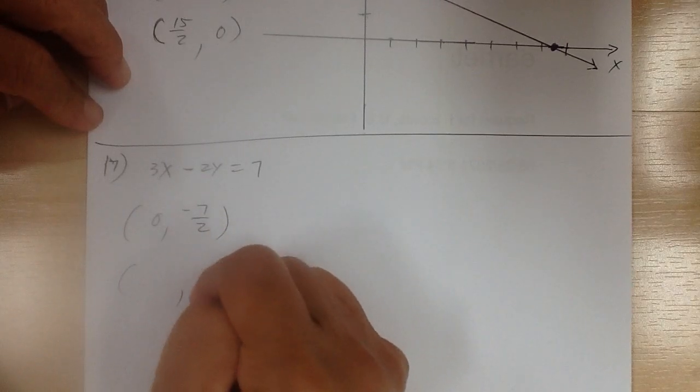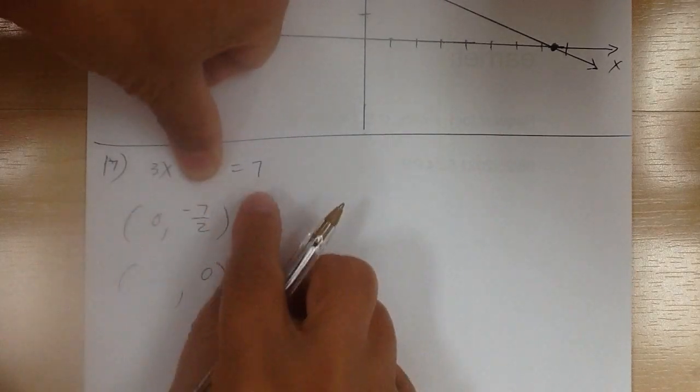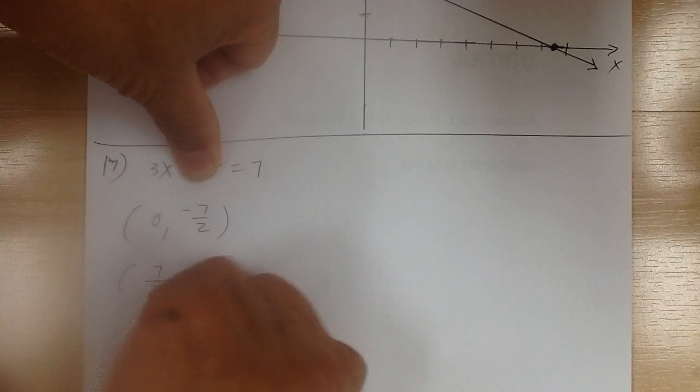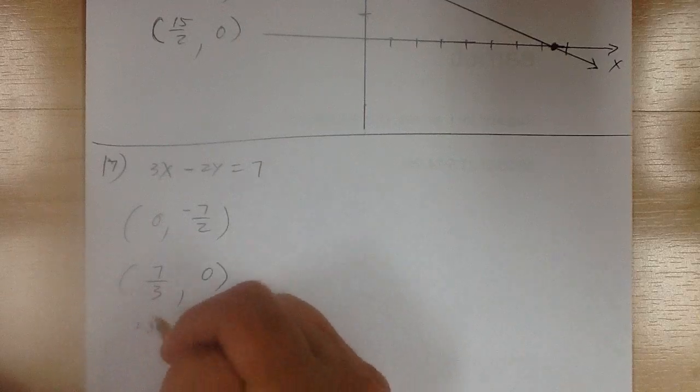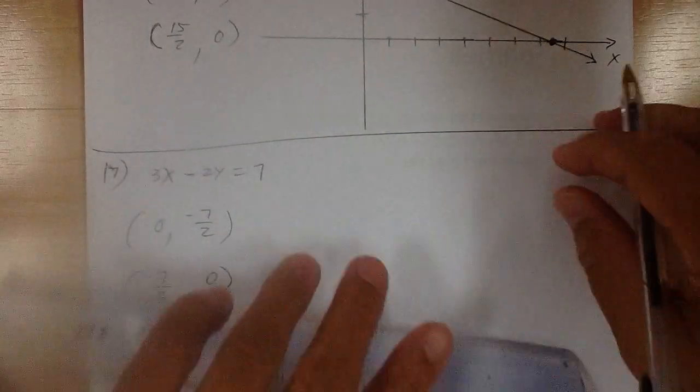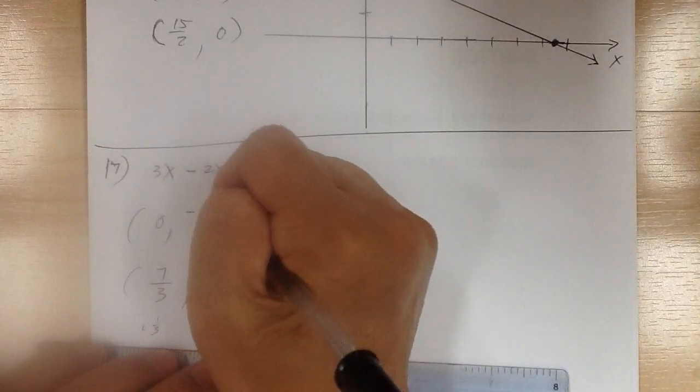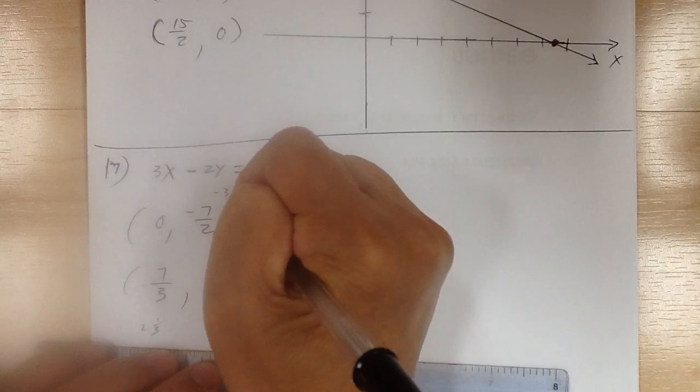Next, you let y equal 0 and divide by 3, so x equals 7 over 3. This is about 2 1/3, so just be aware of that. And the other one is about negative 3.5.